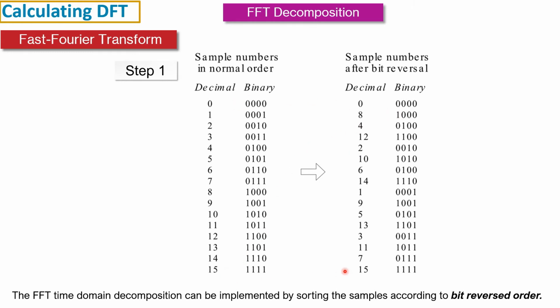But going beyond 15 will be a different story. So if we have up to 15 or less, we can use this binary approach, but after that it becomes difficult.